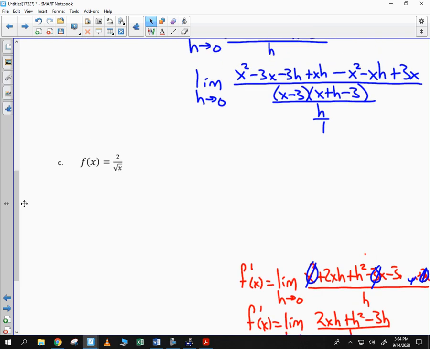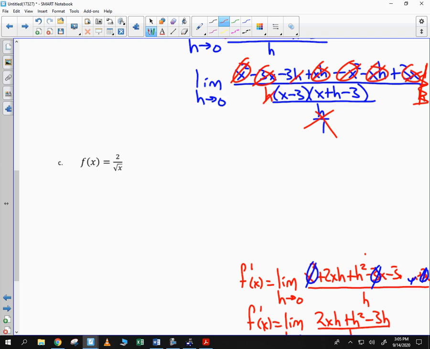What happens? The x squareds are gone. The 3x's are gone. The xh's, turns out that those are gone. And when you multiply by the reciprocal, a 1 over h, notice that you just end up with an h in the denominator here. And those h's will cancel.